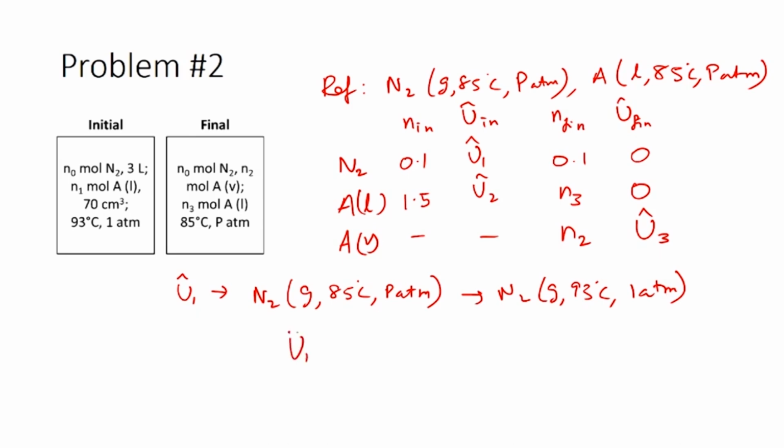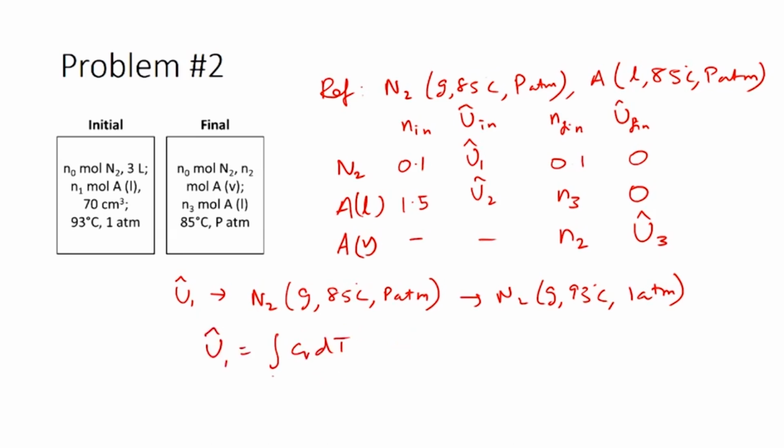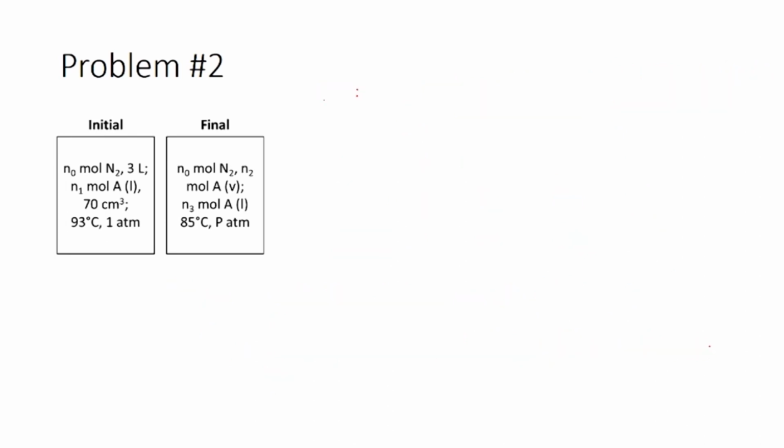This means U1 cap would be equal to the integral of Cv dT with the limits of 85 degrees Celsius to 93 degrees Celsius, and this can be calculated for nitrogen, and we would be able to get this value as Cv times 93 minus 85, which is equal to 39.8 calories per mole.